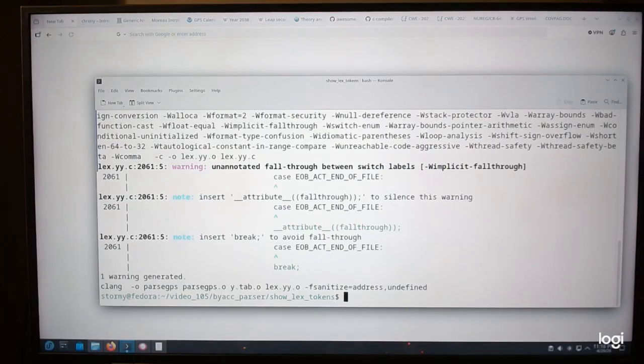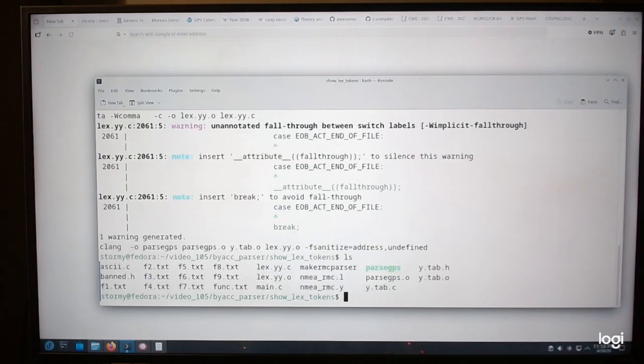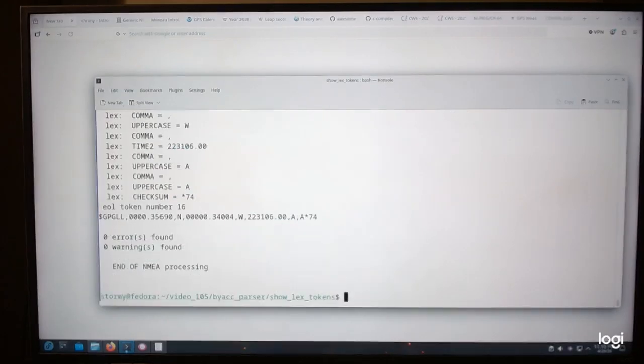But they're fine though. I mean they're not errors. So let me show you what I got. If we see right there, there's our executable, parse GPS. Parse, and I'm going to do that first file right here.